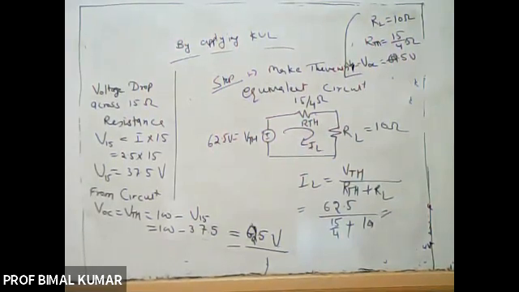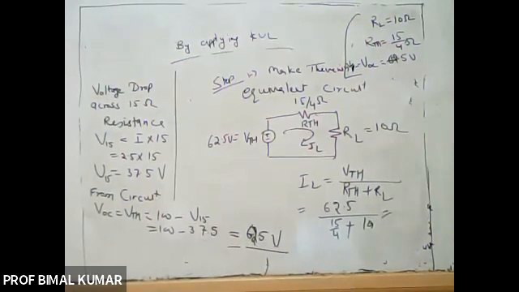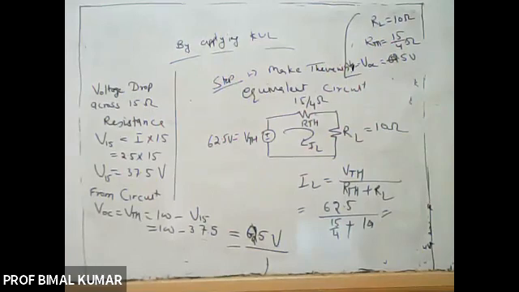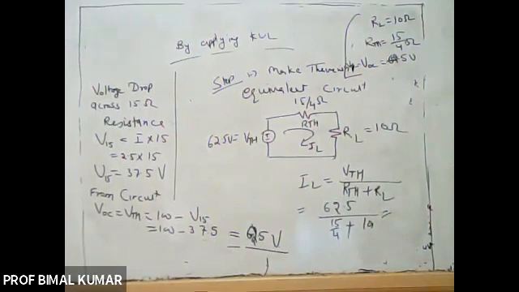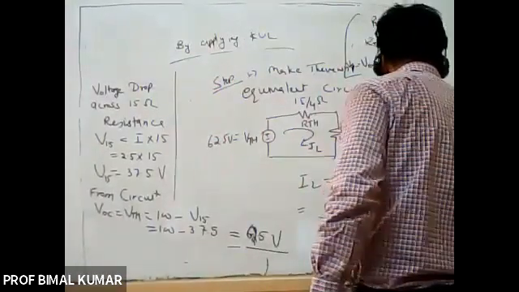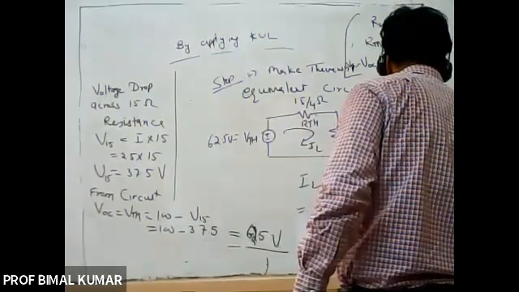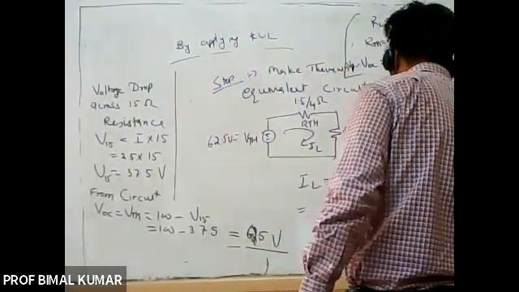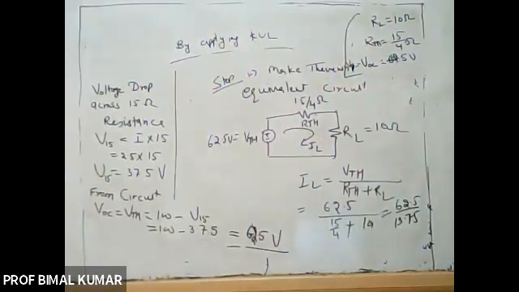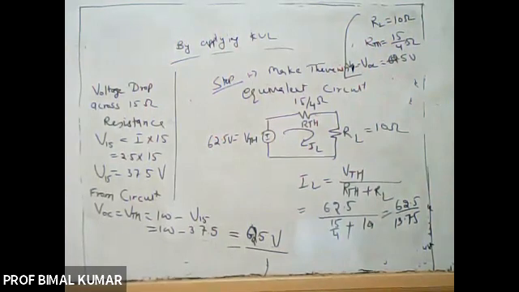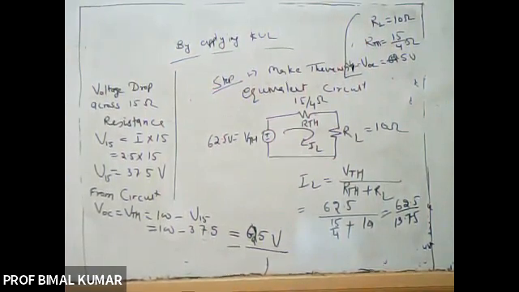Just a minute, I am going to calculate it. 15 by 4 will be 3.75, plus 10 is 13.75. So 62.5 divided by 13.75 will be 4.54.